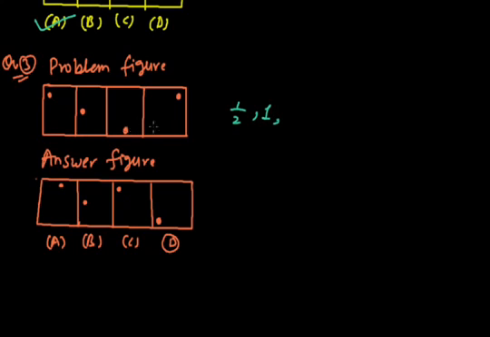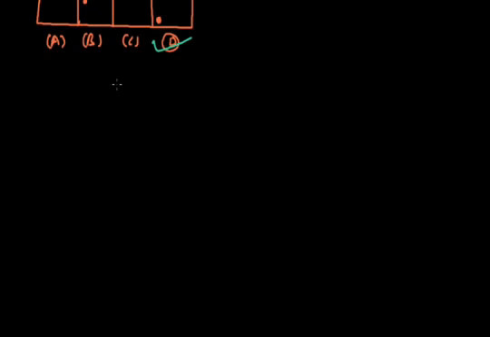Next in third to fourth here distance is half and 1, so 1.5 distance covered. So the next is 2 distance covered by the dot in anti-clockwise direction. So 1 and 2, so the dot is here. So option D is the answer. Next question, question number 4.